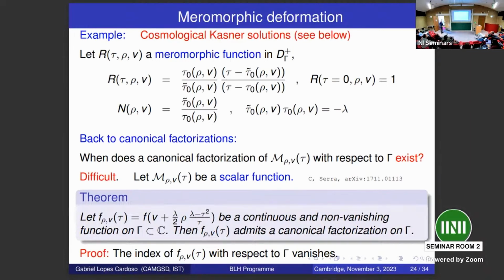Suppose I give you a matrix curly M defined on the contour that is diagonal. I can look at each of these diagonal entries. If these diagonal entries are continuous and non-vanishing on gamma, then you can actually prove that each of these factors in the diagonal matrix has a canonical factorization. And this has to do with the very special property of the spectral curve relation.